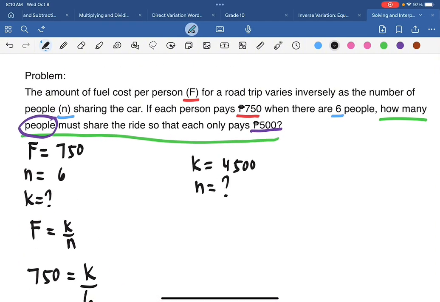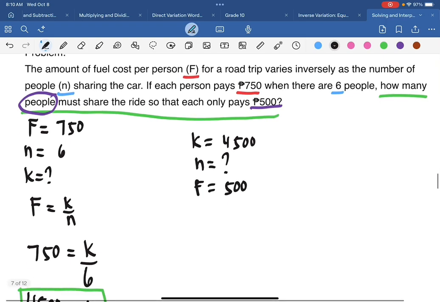N is missing, and the value for the fuel cost is 500 pesos. So F is 500. So if we write it this way, 500 equals 4,500 over N.